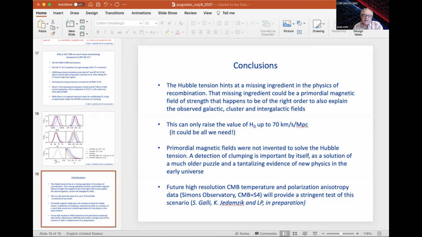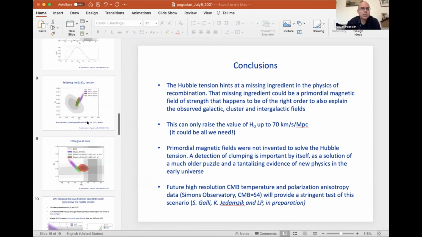But in fixing the value of H0, what do you have to say about sigma 8? I mean, with this mechanism, what is your prediction for the other tension? Here you solve the H0 tension, but it doesn't have any impact on the companion tension?